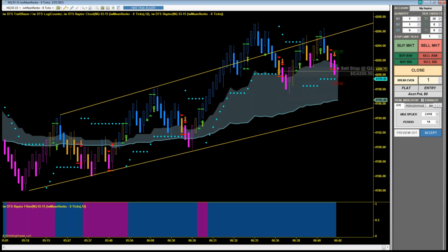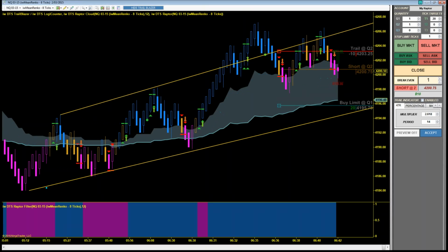Here's that Raptor signal again, that yellow-red combination. Oh, and are they going to give me a chance to get in? Now notice Trade Manager automatically puts a stop in. Now it's a little bit tight. I would actually risk it up here.